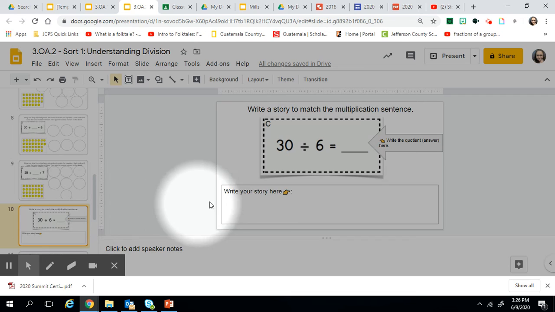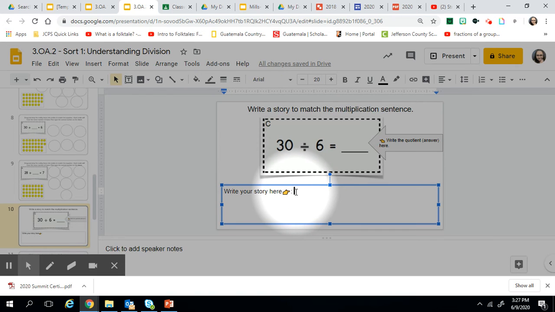Then this one is where you would write your story problem. So if you did the multiplication, it's very similar to that. So you would take your cursor and type in right after that, those two dots are called a colon, and then you would say maybe there were 30 teachers at the conference, but there were only 6 tables.